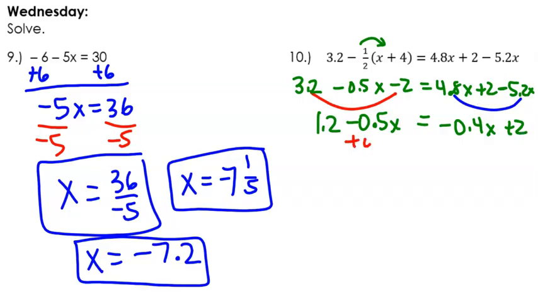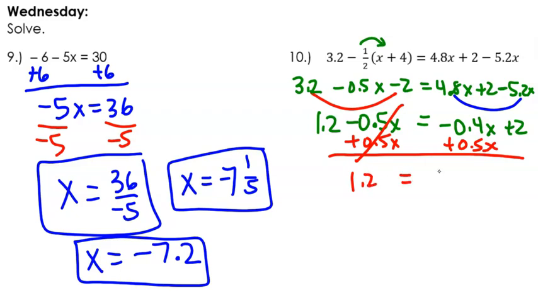Now I'm going to add 0.5x on both sides. And you have lots of options here. You don't have to do plus 0.5x. But I'm going to choose to do that because when I do so, it gives me a positive x on the right-hand side. Now I'm going to subtract 2.